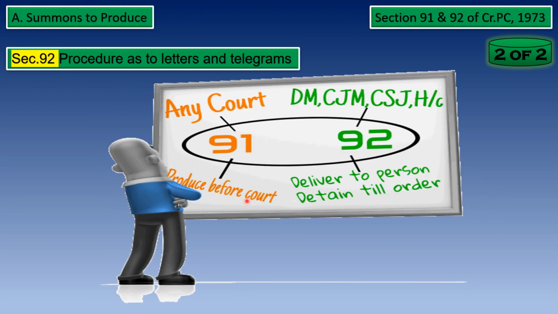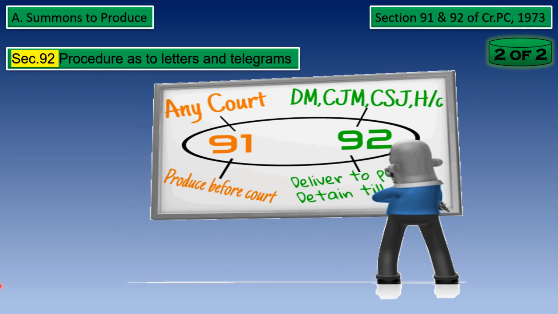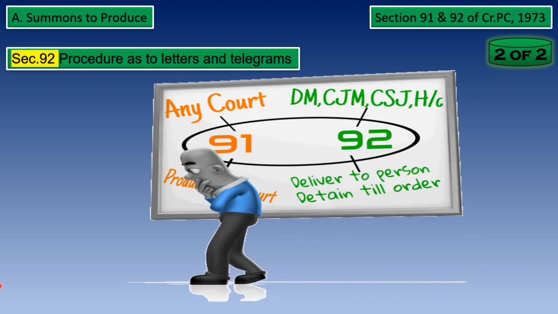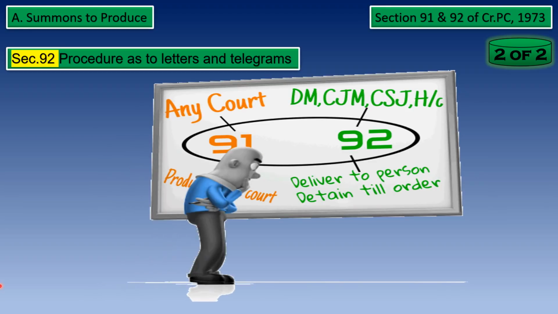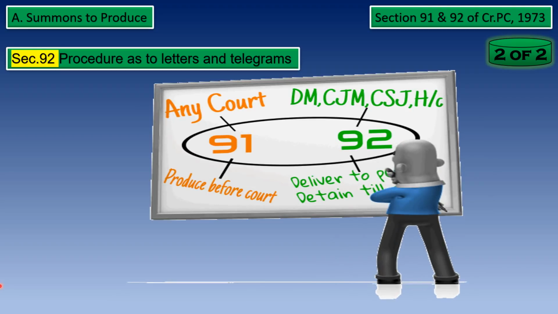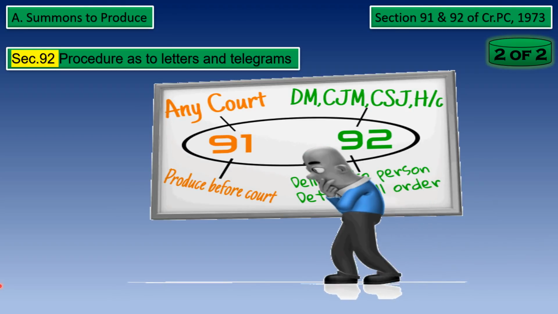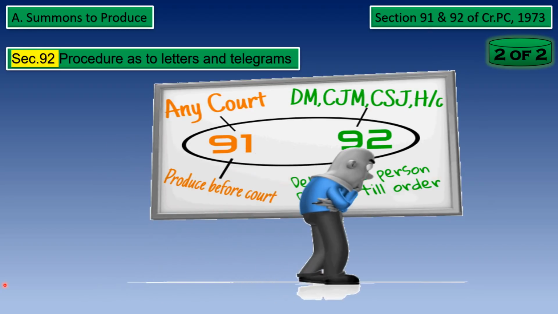On the other hand, it specifically specifies in subsection 3 clause B of section 91 that such a summons to produce a thing or a document does not apply to any letter, postcard, telegram, parcel or any other document or thing in the custody of the post and telegraph authorities.